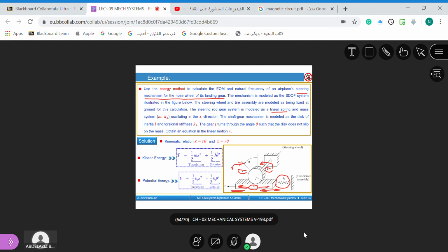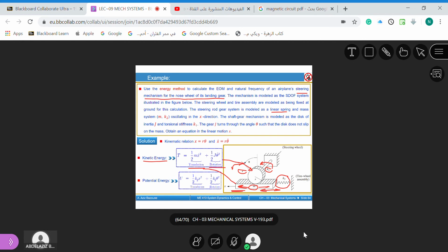Since we have two masses or two inertia, the kinetic energy will be equal to the kinetic energy of translation plus kinetic energy of rotation. Translation because of this mass, and rotation because of this disk.